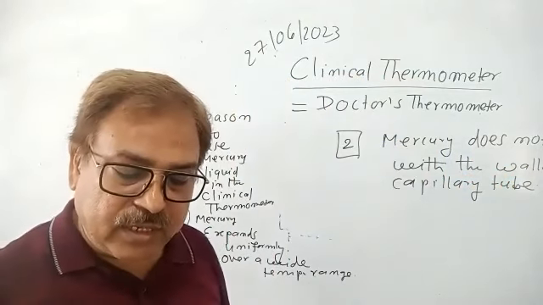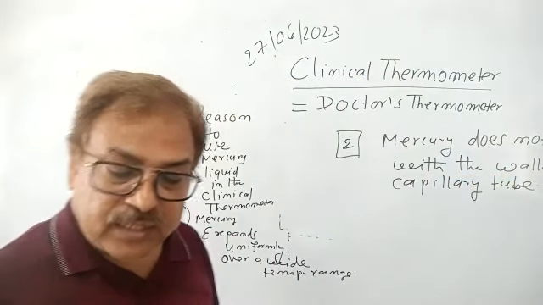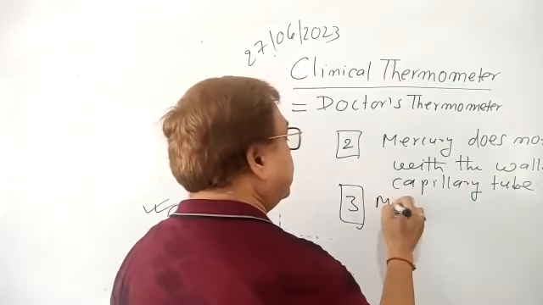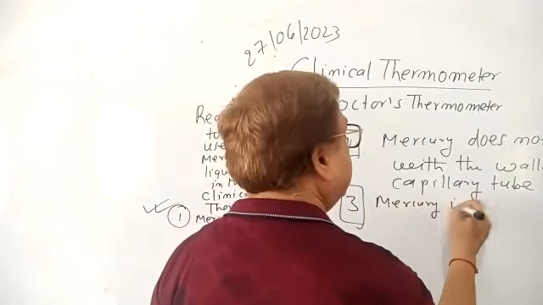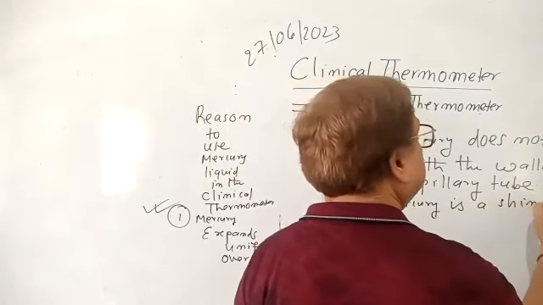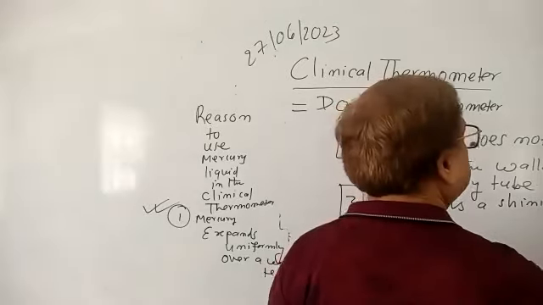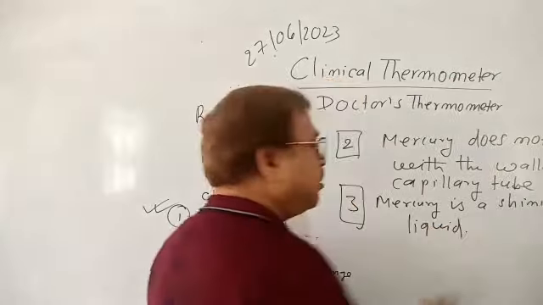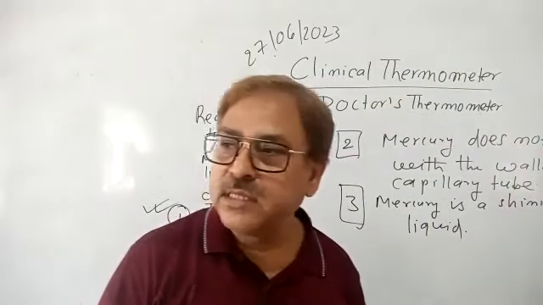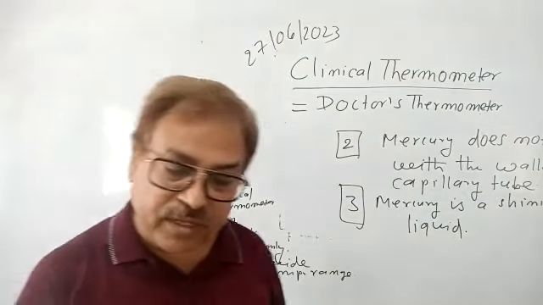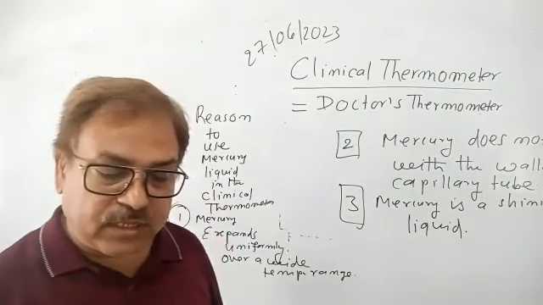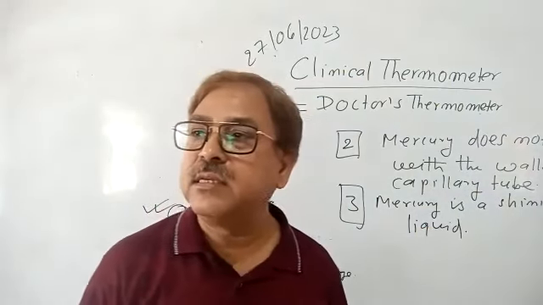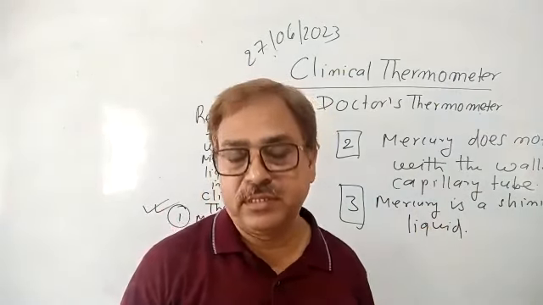The third reason behind using mercury is that it is a shining silvery liquid. So it is very easy to observe the shining of the mercury level in the thermometer. Because of this reason, mercury is often used in the clinical thermometer as well as in ordinary thermometers.